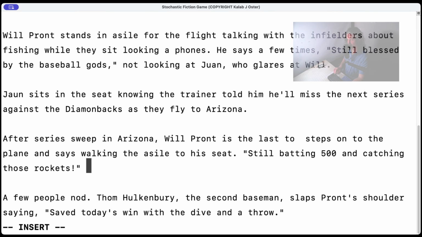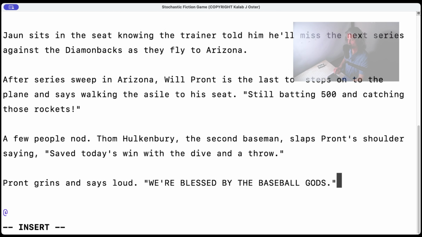Juan sits in the seats back, knowing the trainer told him he'll miss the next series against the Diamondbacks as they fly to Arizona. After the series sweep in Arizona, Will Prompt is the last to step onto the team plane and says, walking the aisle to his seat, "Still batting .500 and catching those rockets." A few people nod. Dom Hunkleberry, the second baseman, slaps Prompt's shoulder, saying, "Saved today's wins with the dive and the throw."